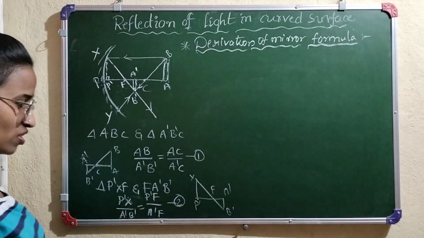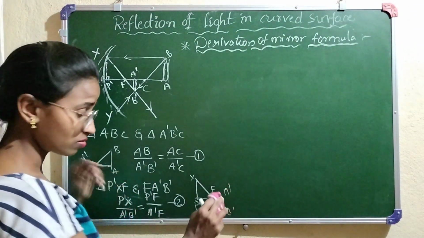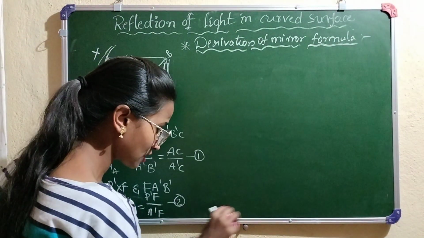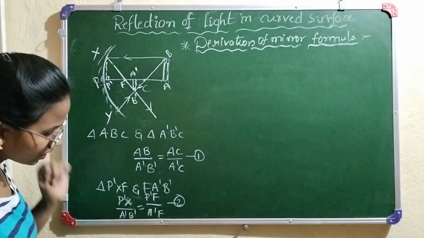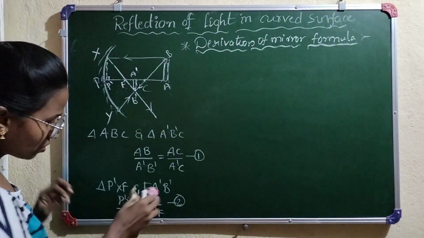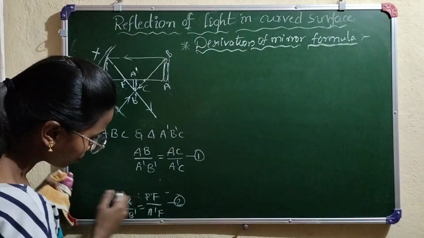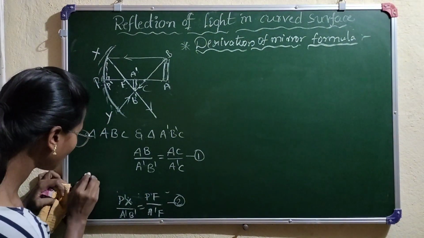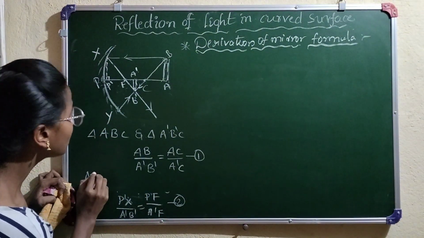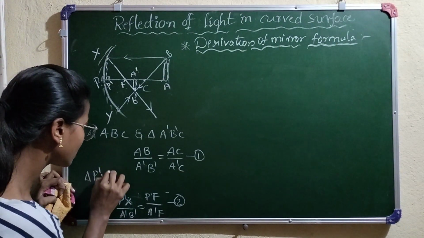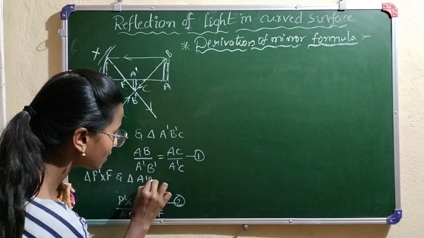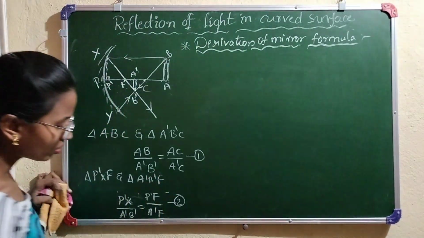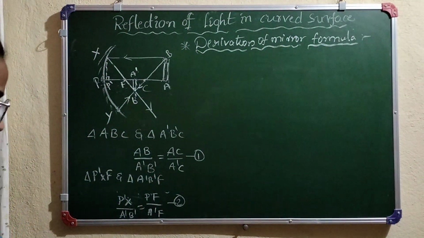Now I am erasing this triangle because it is a little clumsy. Let me write a little higher up: triangle P dash X F and triangle A dash B dash F, from which P dash X by A dash B dash.